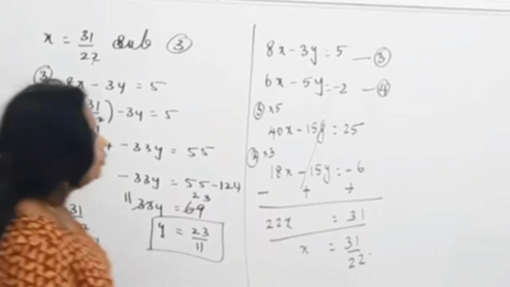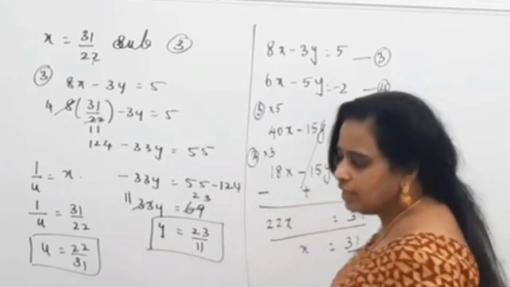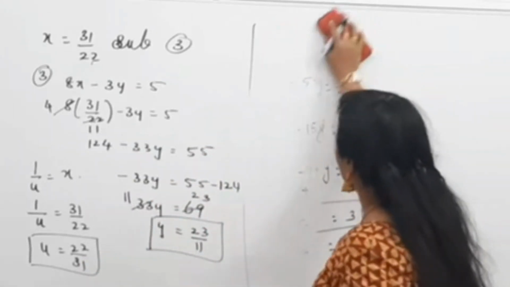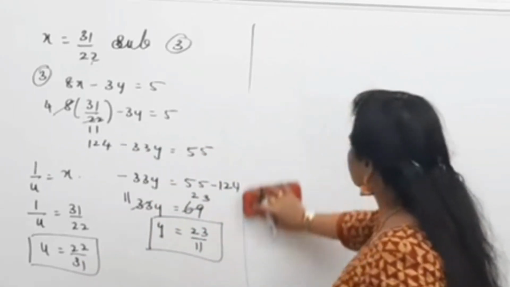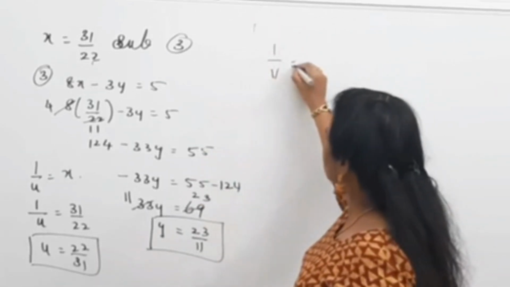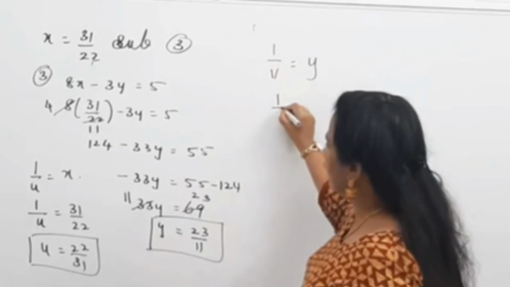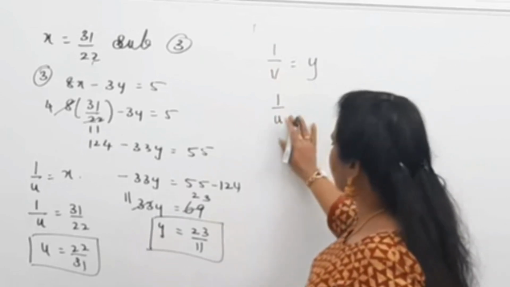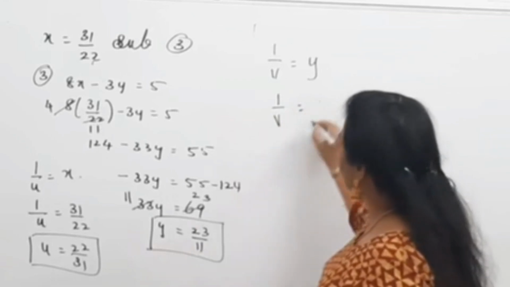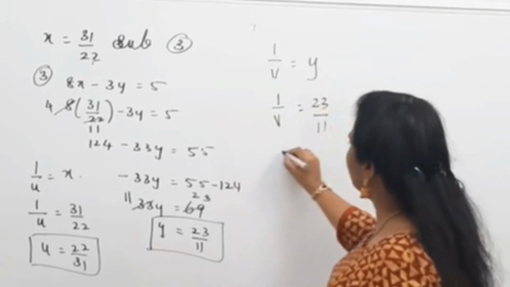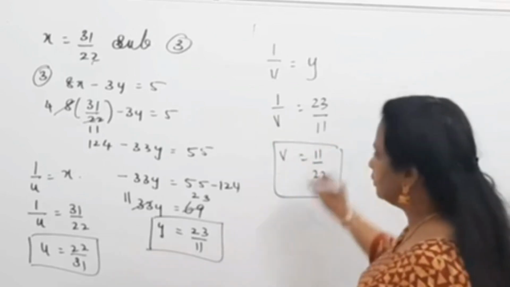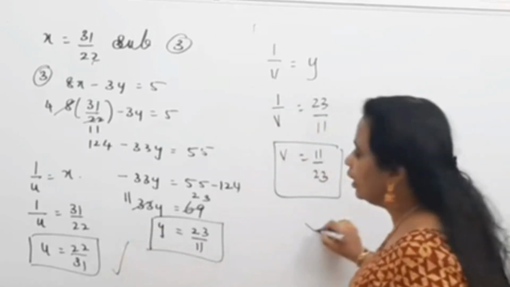And my v value, 1 by v is equal to y. So 1 by v is equal to my y value, I got it, 23 by 11. So v is equal to 11 by 23. As simple as that. I got my u and v value.